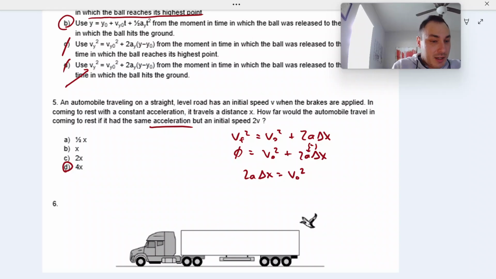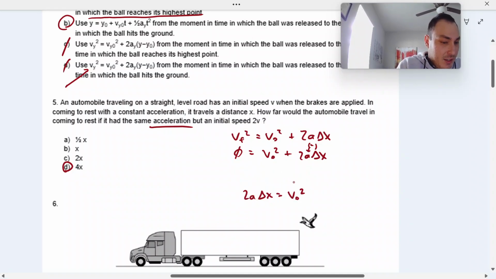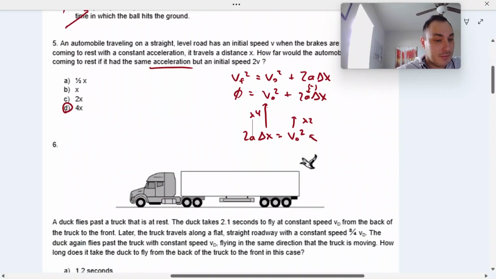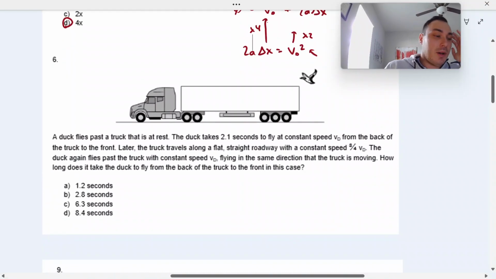So if we double the velocity, this velocity is squared, which means we are going to quadruple the displacement. Because there's acceleration there, it's going to be 4 times, not 2 times. If there is no acceleration there, then it would be 2 times, but there is acceleration. And things behave differently when there's acceleration.